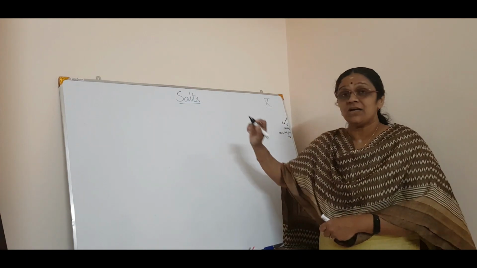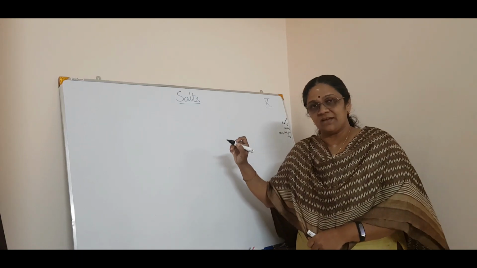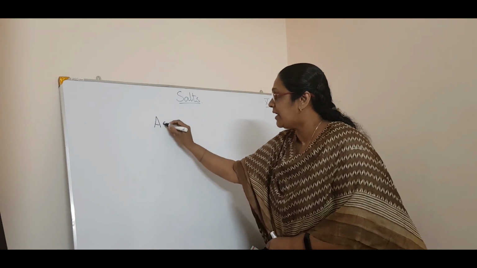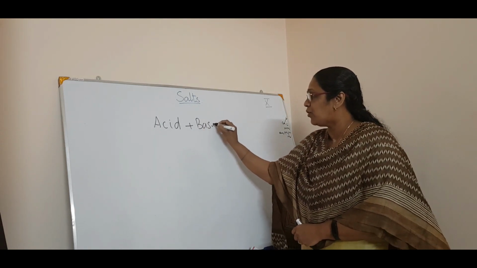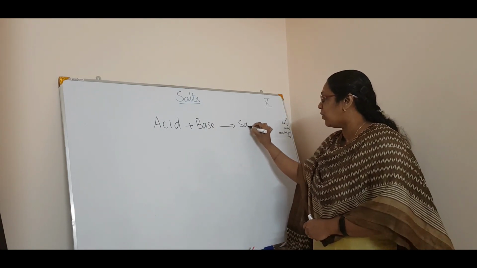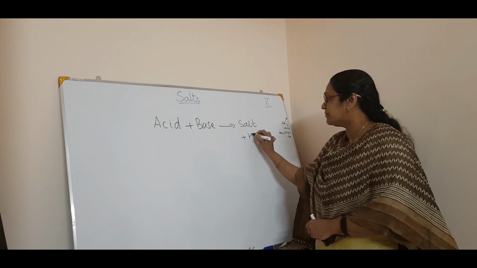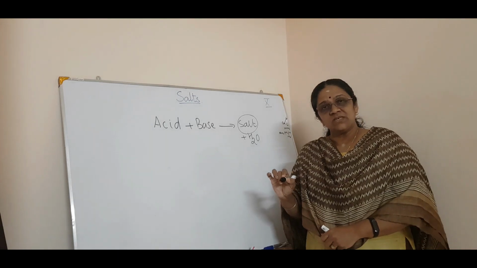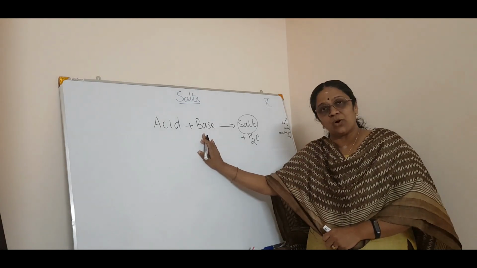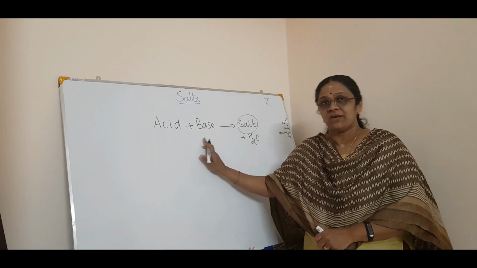Salt is made by the neutralization reaction, isn't it? Whenever an acid reacts with a base, you will get salt plus water. This is how a salt is formed. This type of reaction is called a neutralization reaction.